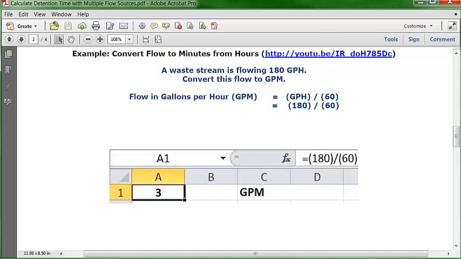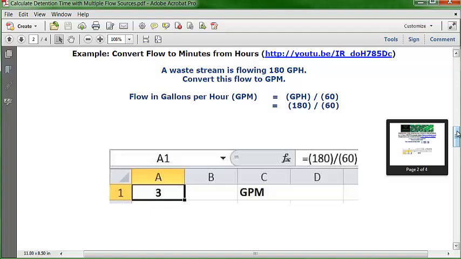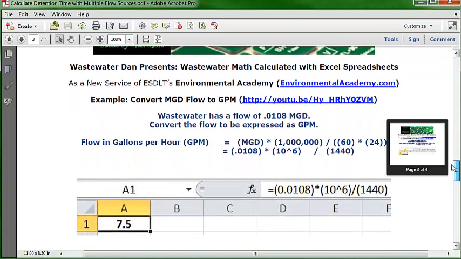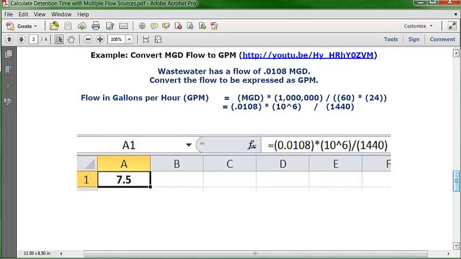To convert from 180 GPH to GPM, the answer is 3. So you can go to the video if you need some additional information on it, but 3 is what I'm going to refer to in the formula to solve this particular problem.